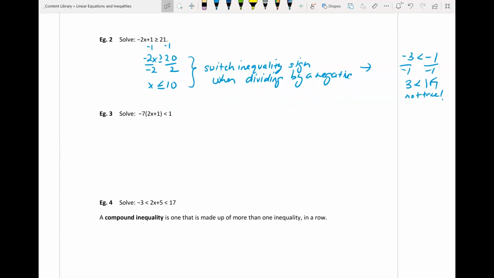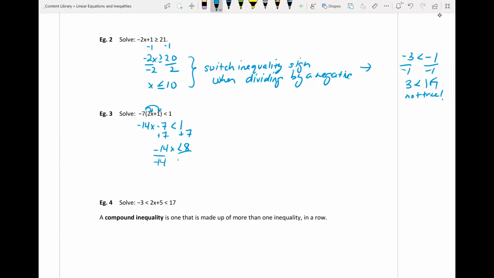Example 3. We're going to expand first and then simplify. Negative 7 times 2 is negative 14, and there's an x of that. Negative 7 times 1 is negative 7. This is smaller than 1. I want to isolate this negative 14x. I'm going to add 7 on both sides. And then I'll divide by negative 14 on both sides.